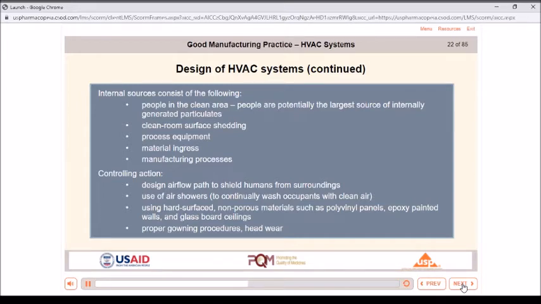Controlling action: design airflow path to shield humans from surroundings, use of air showers to continually wash occupants with clean air, using hard-surfaced, non-porous materials such as polyvinyl panels, epoxy painted walls, and glass board ceilings. Proper gowning procedures, headwear.